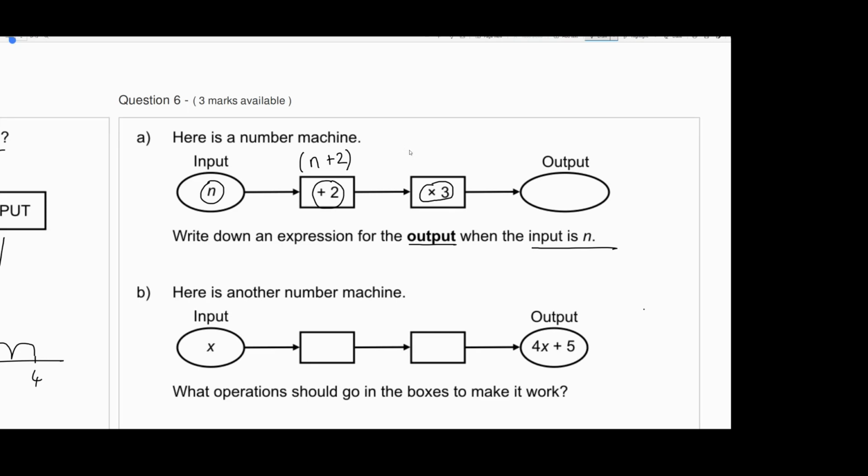So I'm going to write 3 times n plus 2. But because it's algebra, you don't actually have to write the times sign. You can just write 3 and then n plus 2. But you need the brackets because you need to do all of n plus 2 times 3. And that's what you'd have.